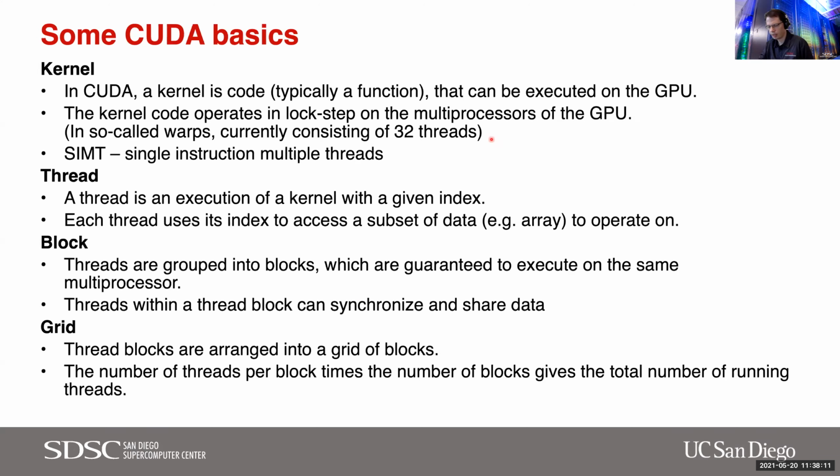So many compute cores do the same operation at the same time. And on Nvidia GPUs, that happens in so-called warps of threads, currently consisting of 32 threads, right? And that's basically a single instruction, multiple thread architecture. And a thread is just an execution of a kernel with a given index, right? So that kernel is basically launched many times.